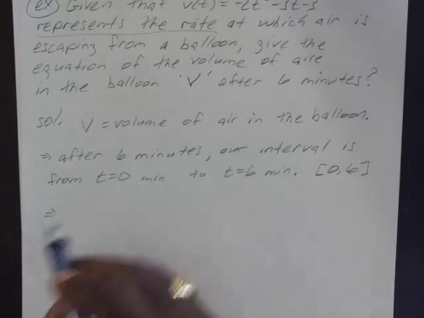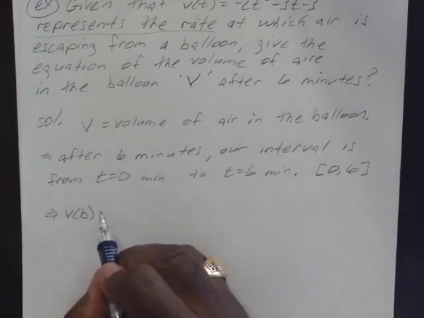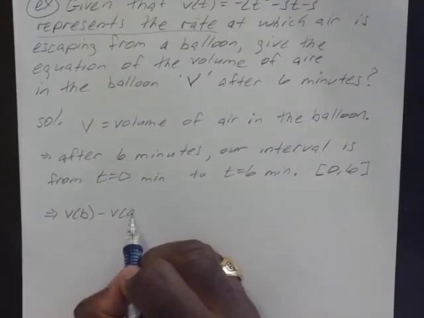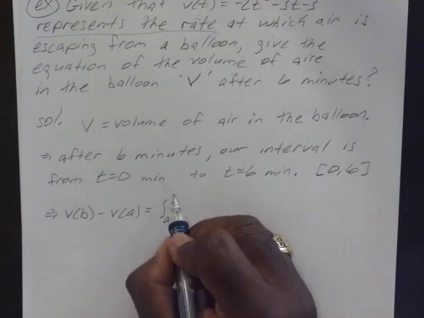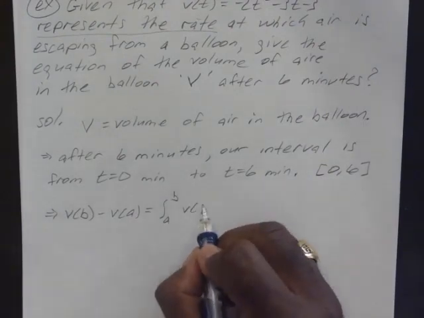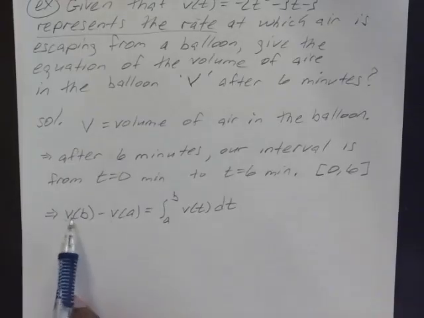Okay. So if we remember, you know that V of B minus V of A is equal to the integral from A to B of V of T with respect to T. And I just changed this from F of B and F of A to V of B, V of A, just to match our velocity.